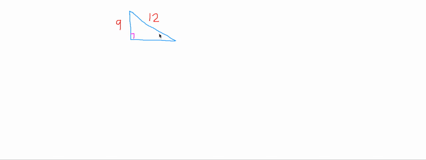And we want to find this angle right here, which will be theta. So how will we find the missing angle?